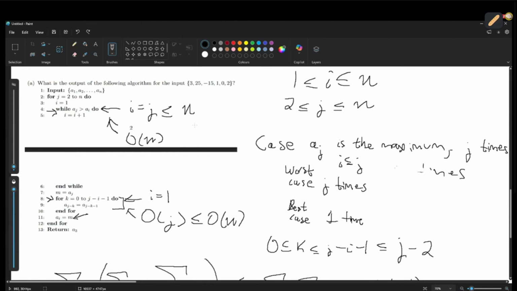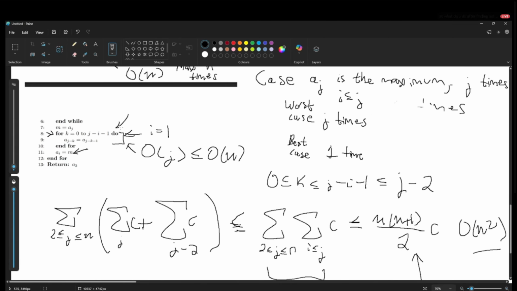If it can execute up to n times, and j executes roughly n times, technically it's n minus 1, but it doesn't really matter, then you already get an n squared thing, ignoring that for loop.